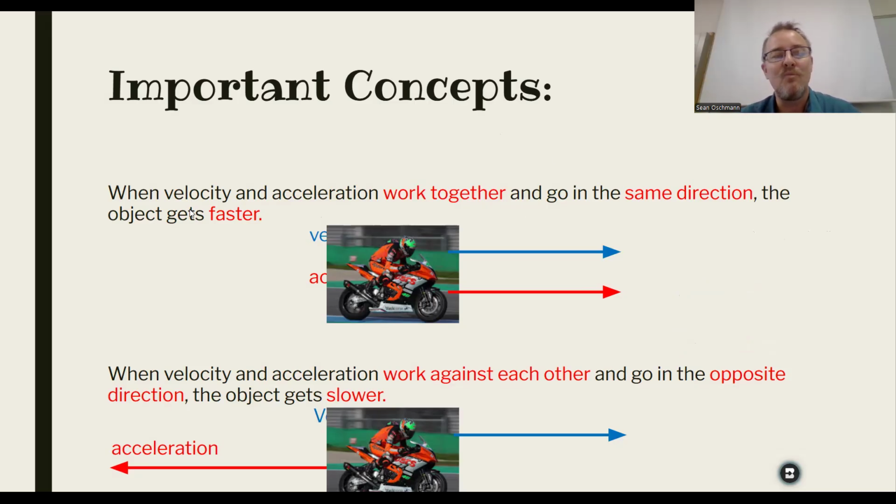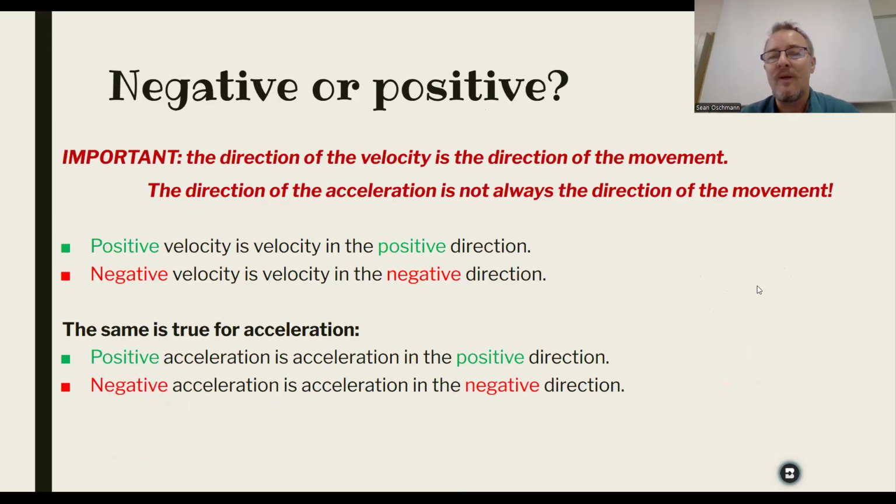And if something is moving in the negative direction, but experiences a push or pull in the positive direction, so here's where the object is going, negative velocity goes in the negative direction. But now something is pulling on it and giving it positive acceleration. That makes it slower because velocity and acceleration work against each other. And that's pretty much the most important point about this, that you have to look at which way both of them are going.